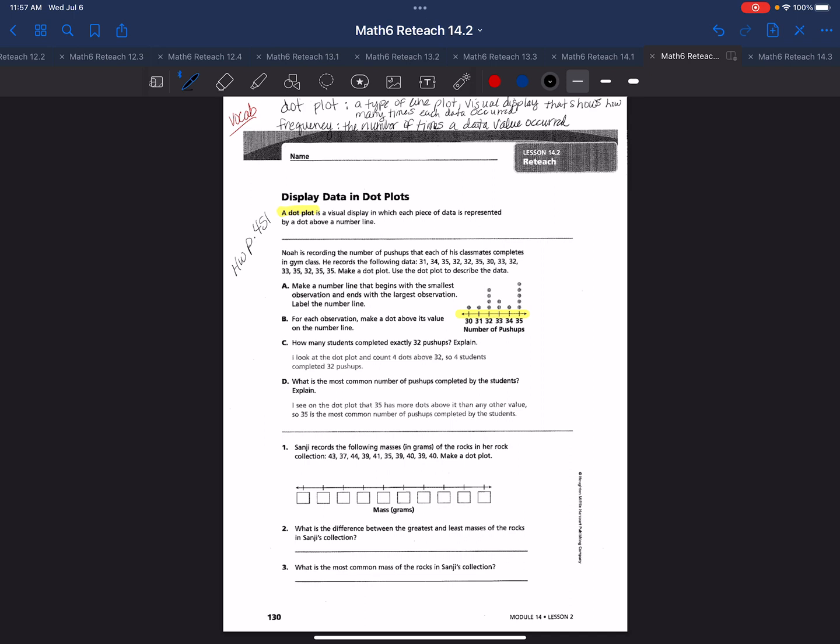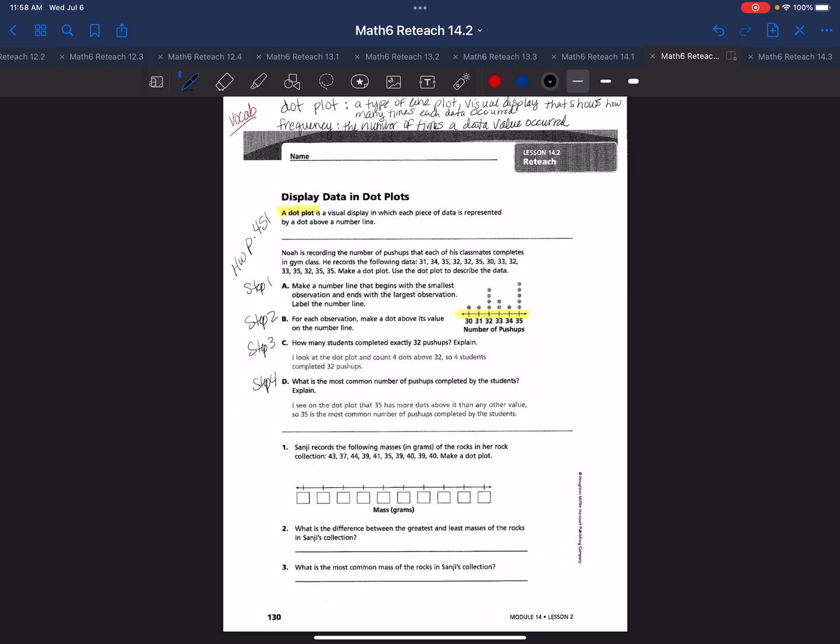So here are some steps involved to solve this type of problem. So let's look at these steps in more detail. So step one, we need to make a number line.